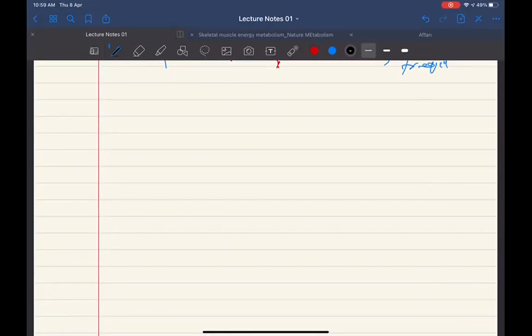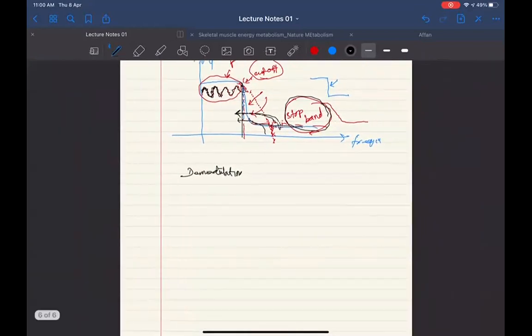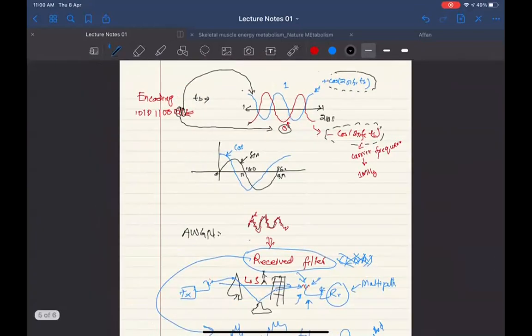After the filtering, we have the demodulation, which is our today's topic. So if we see the previous page, yeah, this one. This blue one we already know is carried by 2 pi fc of tb, right?